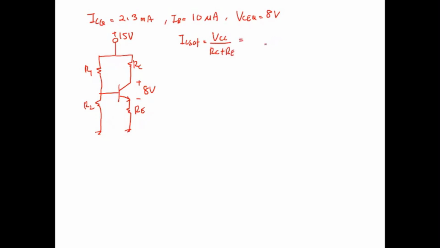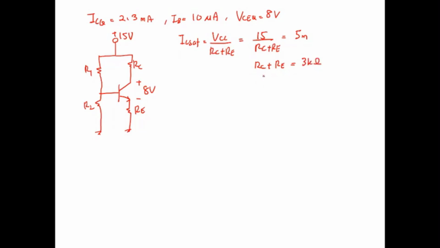So this is equal to 15 over RC plus RE, and we set IC saturation to be 5 milliampere, and then you get RC plus RE equal to 3 kilo ohm.